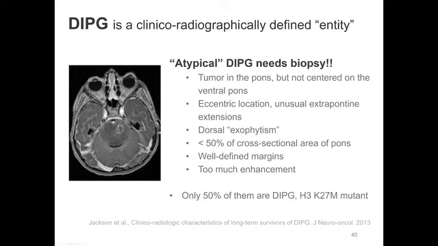This means that the pontine tumor is not typical of a DIPG, so you should recommend in your report that the surgeon might need to get a tissue biopsy.